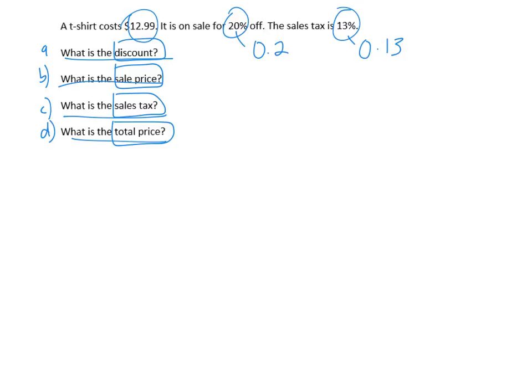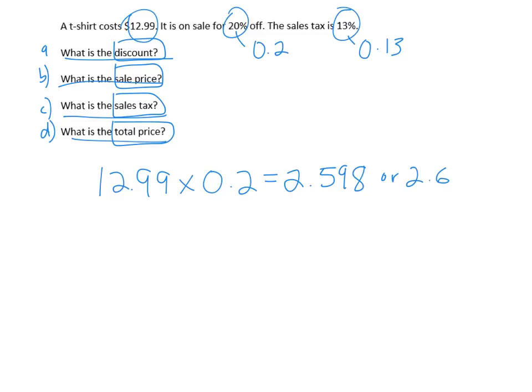So if I want to find the discount on the shirt, $12.99 times 0.2, and I end up getting $2.598. Okay, so we could round that to $2.60.